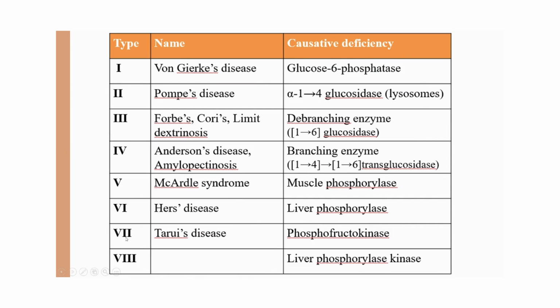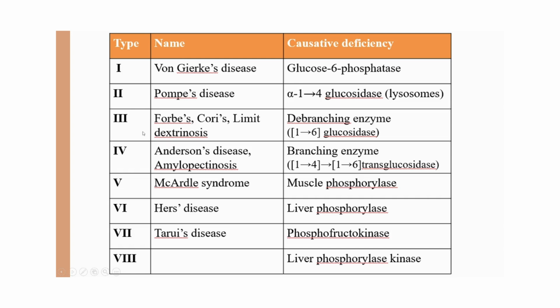They are written in Roman numerals with their names and their respective deficiencies. Glycogen storage disease type 1, or Von Gierke disease, is related to glucose 6-phosphatase deficiency, while type 2, Pompe disease, is caused by deficiency of alpha-1,4 glucosidase.